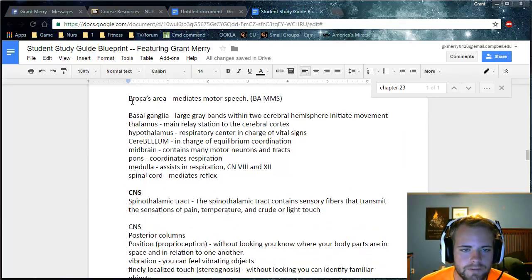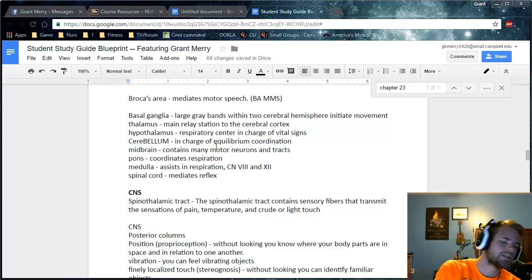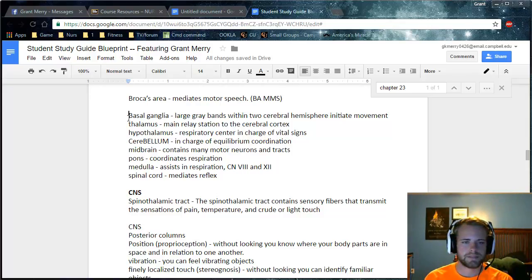And the final area is Broca's area, which mediates motor speech. BAMS: Broca's area mediates motor speech.